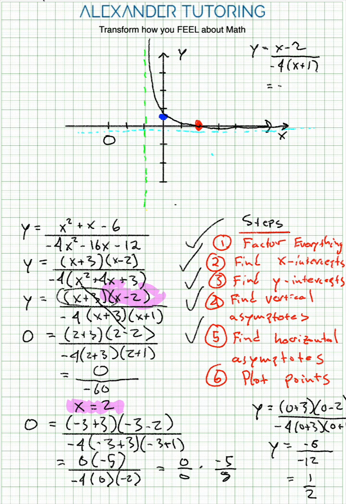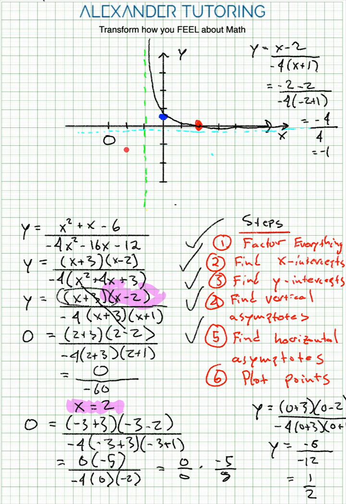Well, then we get -2 minus 2 over, I'm running out of space, but that's -4 over -2 plus 1 is -1. Okay, so we know that there is a point at x equals -2, y equals -1.